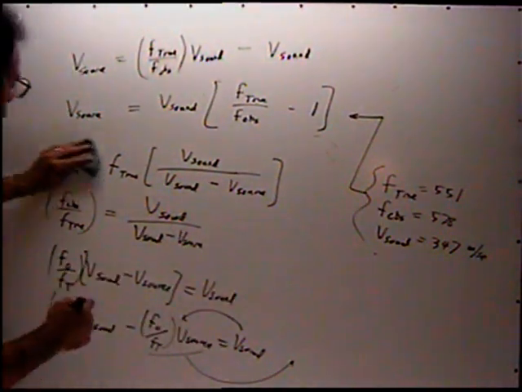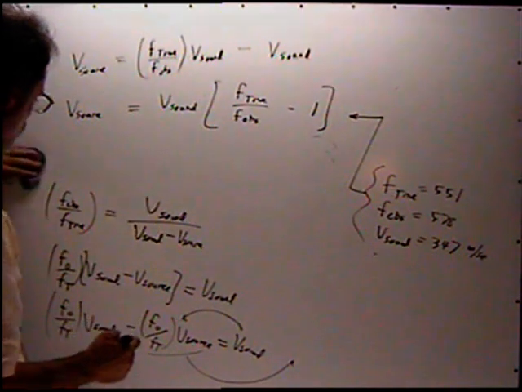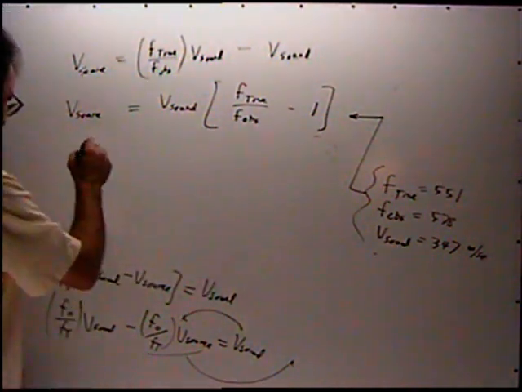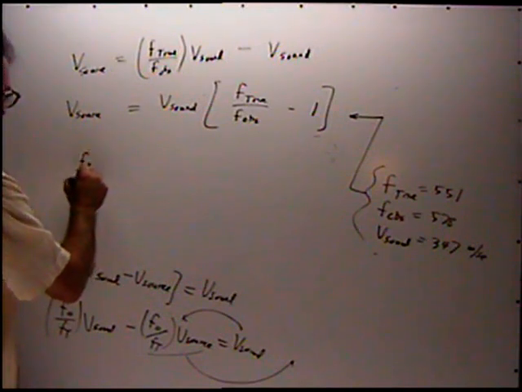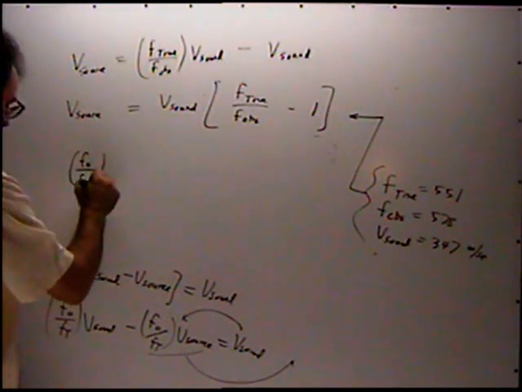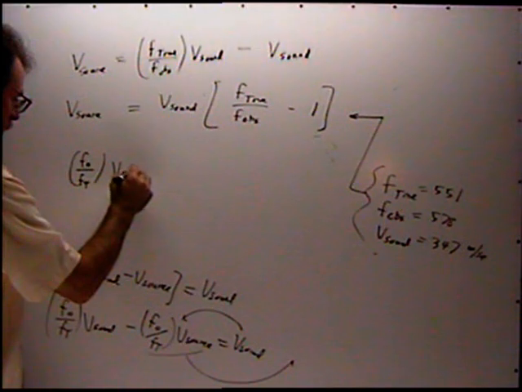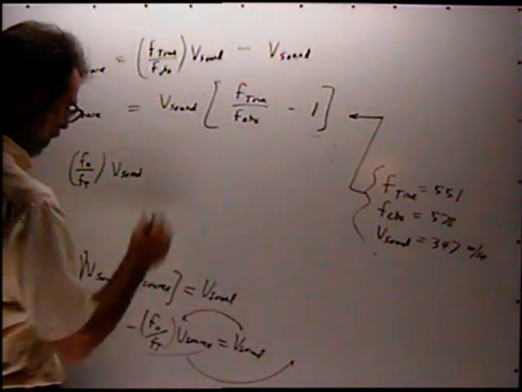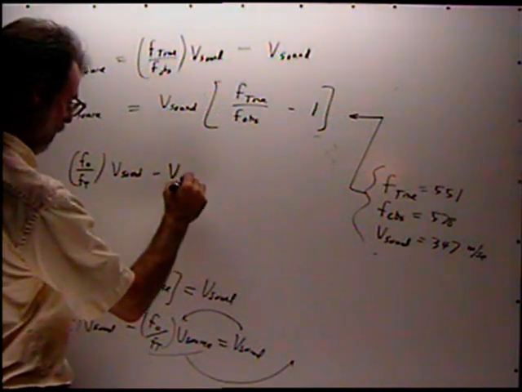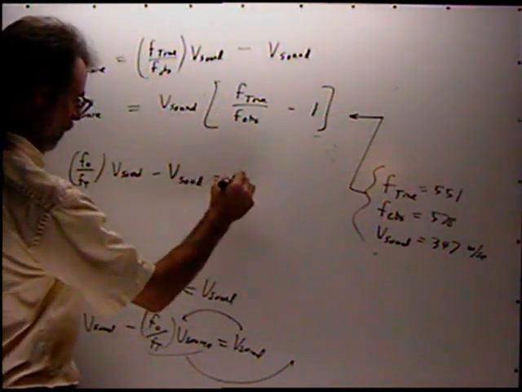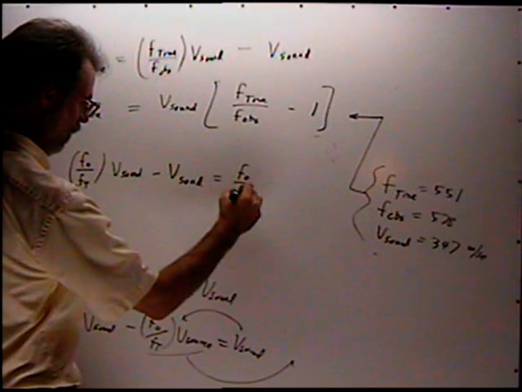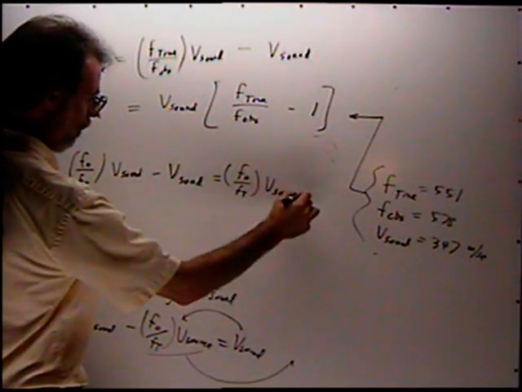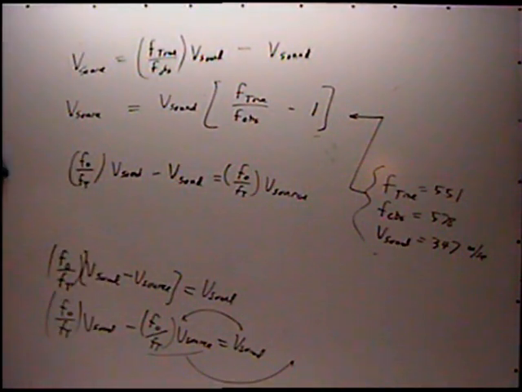I'm going to erase this and put it right here. Hope that's not too confusing. But what I will end up with is this ratio minus V sound equals F.